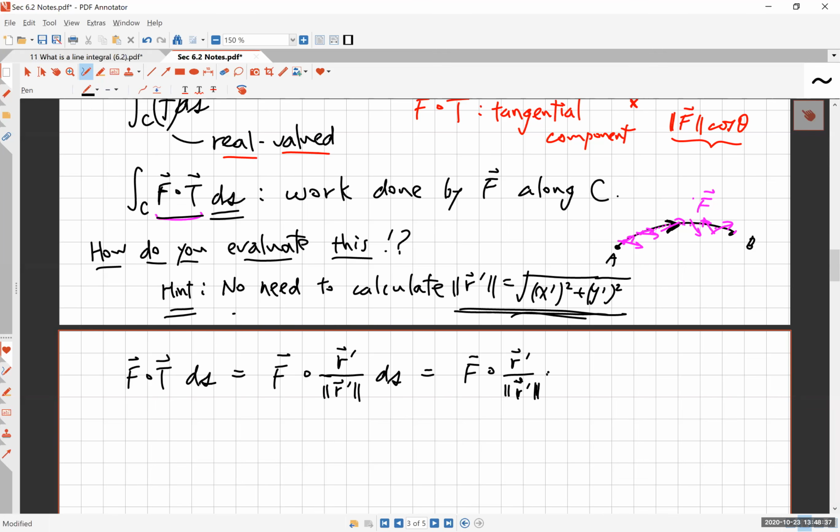You can write ds in terms of ds over dt, right? And so this turns out to be the speed. What is speed? Well, I think you got it. When you take this, ds over dt is the speed, which is the magnitude of r prime itself.